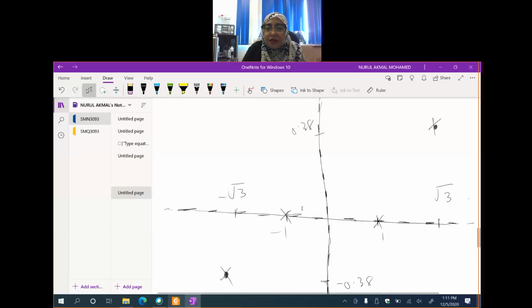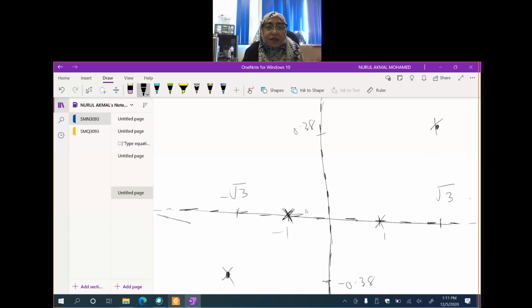So we know that it will intersect over here, which is at x equal to -1. The endpoints will be coming from here, so it must be below the y-axis.